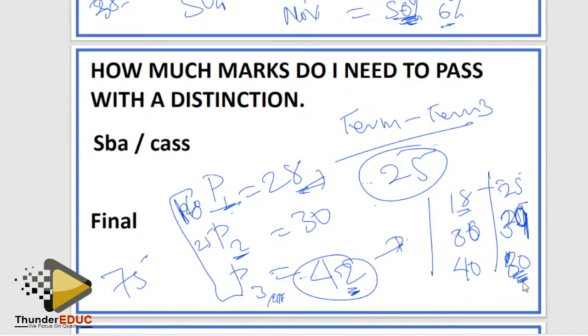This person, however much has excelled here, is better than here, excelled here, better than here. This one might get a higher mark on final than this. Why? Because this paper 3 has a bigger weighting and managed to pass it very well. Therefore, will have a higher mark compared to this one who has got only these two papers, yes, but its weighting is not that much. So it means that you have to make it in paper 3.